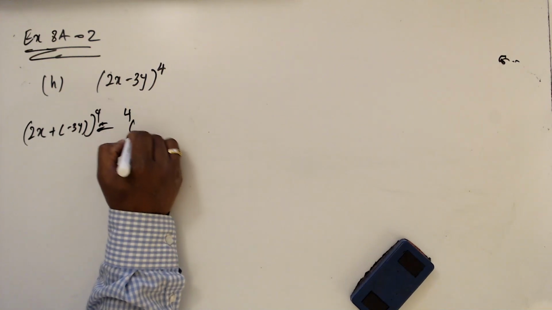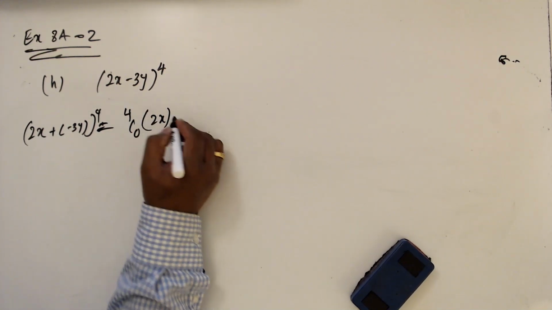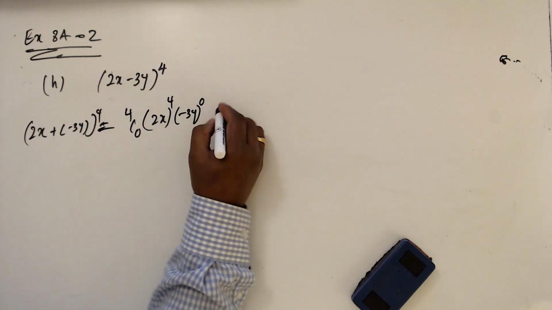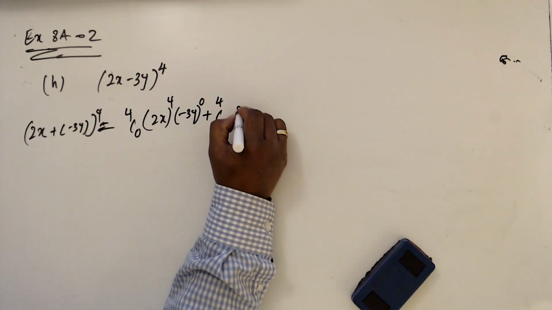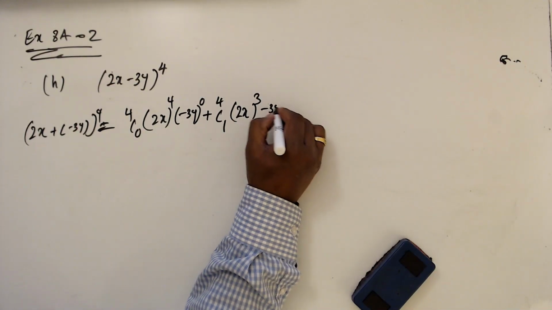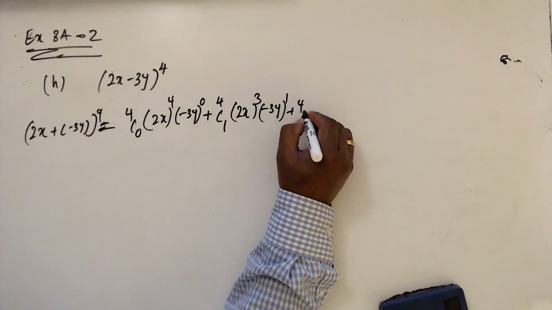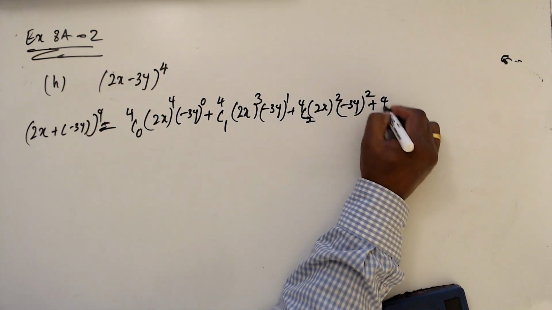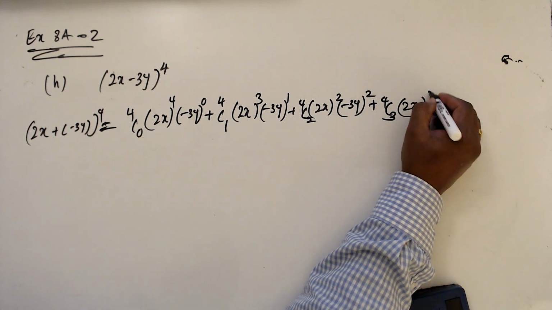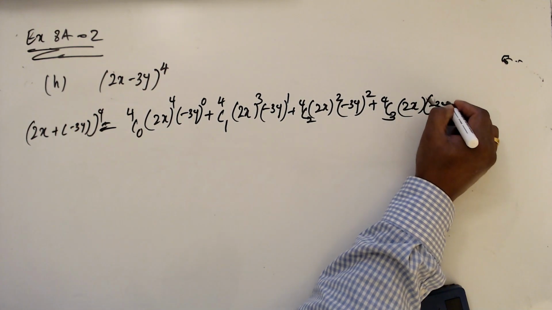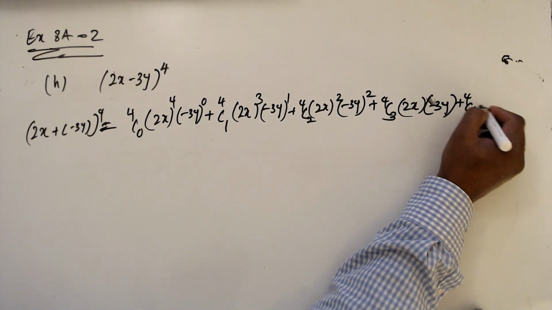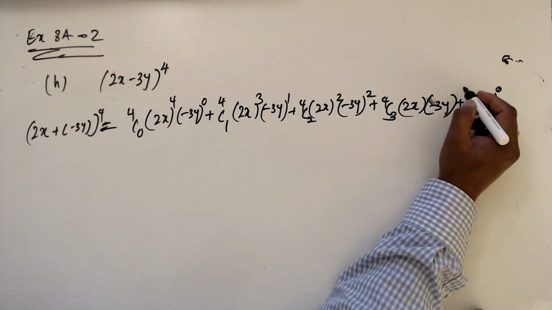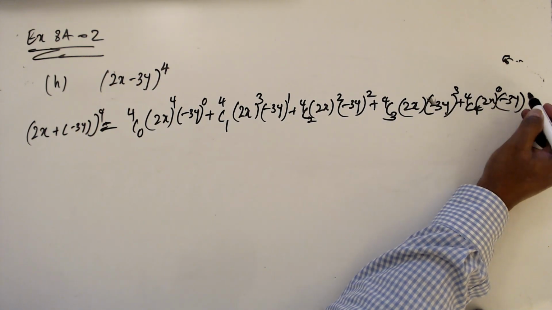Now I can do 4C0 (2x)^4 minus 3y to the power 0, then 4C1 (2x)^3 minus 3y to the power 1, 4C2 (2x)^2 minus 3y square, 4C3 (2x) minus 3y cube, 4C4 (2x)^0 minus 3y to the power 4.